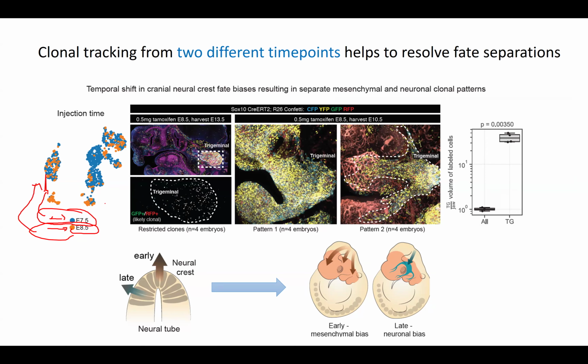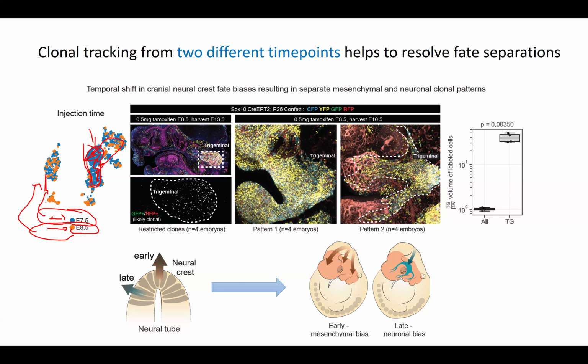Blue is E7.5, orange is E8.5, and you can see that the blue clones occupy way more space, they're more multipotent. In this area you almost don't see anything orange, which means that orange cells already got fate restricted during just these 24 hours. They will not generate these clonal structures that would account for this part of the clonal embedding.